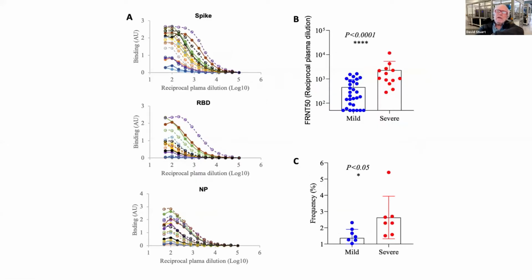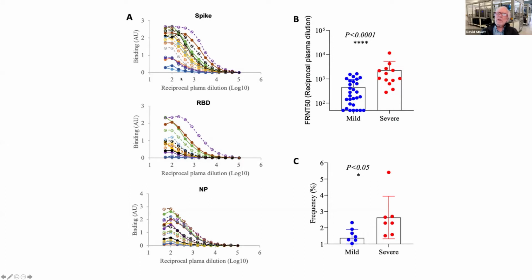If we cut straight to it and look at the plasma from these recovered patients, this is now looking at the binding of antibodies from these recovered patients to spike, the receptor binding domain of spike, and to nucleoprotein, which is a very abundant protein.